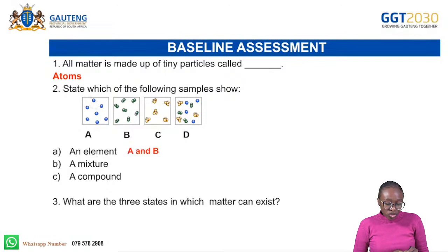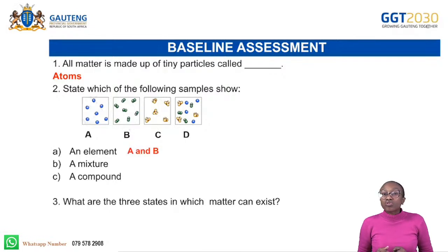Right, sample B shows individual atoms that are of the same kind. So remember, what's the definition of an element? An element is a substance that is made up of atoms of only one kind. B is also an element. Why do we say that B is also an element?